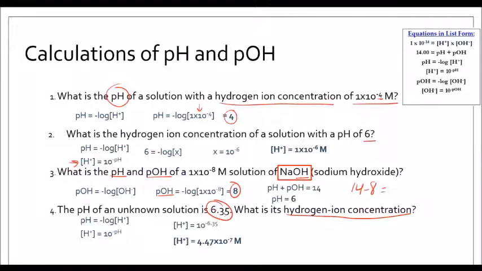This has 3 sig figs, so we keep 3 in our concentration. So it was rounded to 4.47 times 10 to the minus 7. And that makes sense because it's close to a pH of 7, so the concentration should also be kind of close to that 1 times 10 to the minus 7.